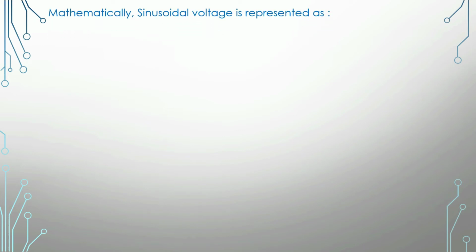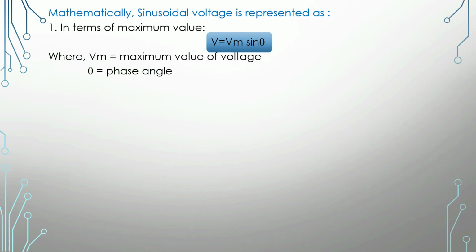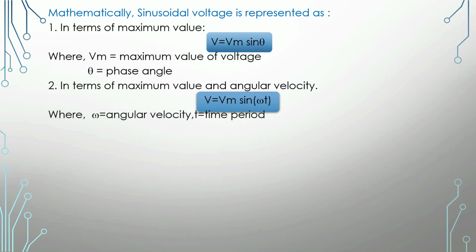Next is mathematically how we can represent sinusoidal voltages. First, in terms of maximum value, V is equal to Vm sine theta, where Vm is the maximum value of the voltage, or the peak value of the voltage, and theta is the phase angle. Next, in terms of maximum value and angular velocity, V is equal to Vm sine omega t. Theta can be written as omega into t.